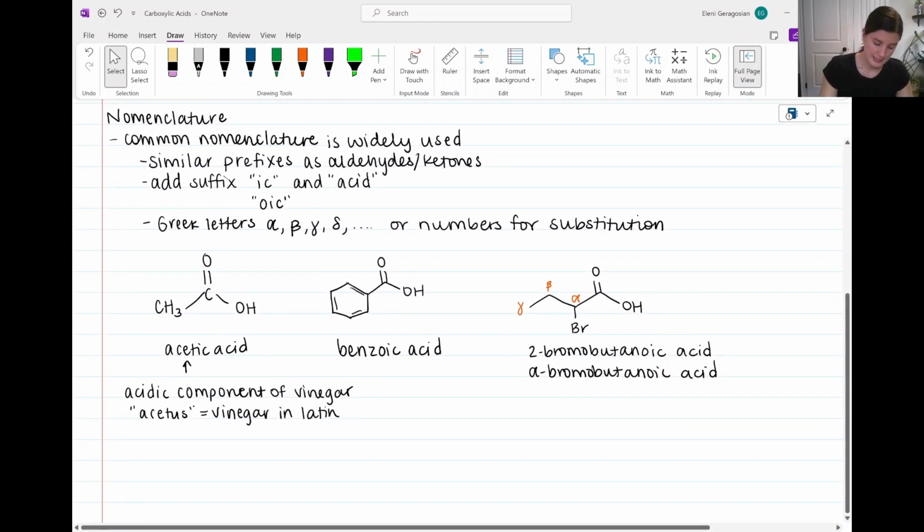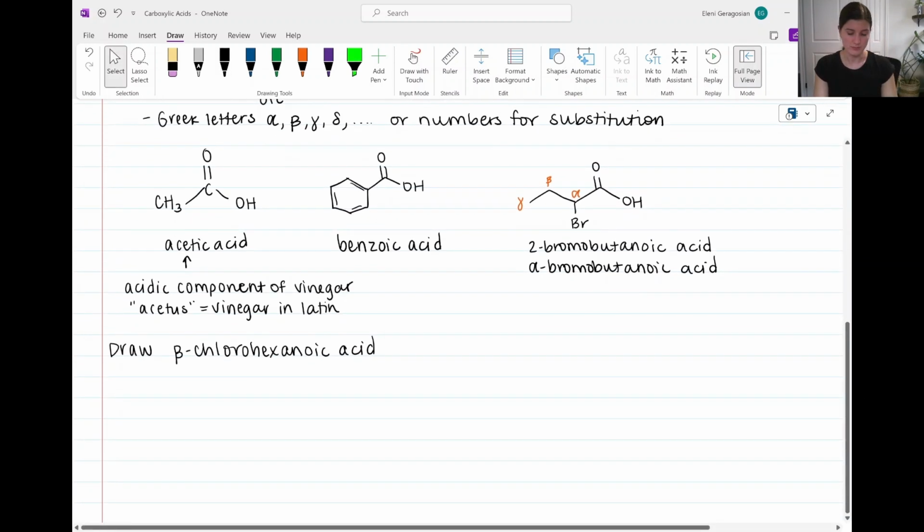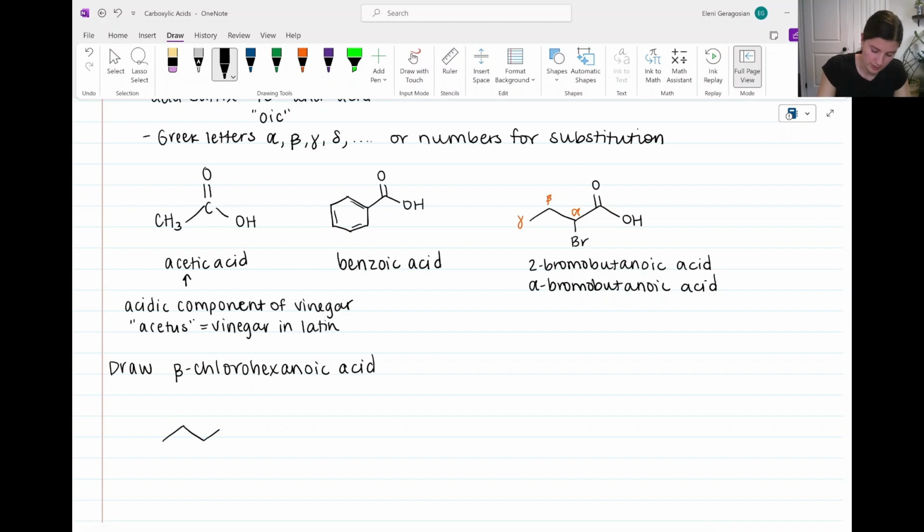Now let's do an example where we're given the name. So we will draw beta chlorohexanoic acid. The hexanoic acid part tells us we have a 6-carbon chain.